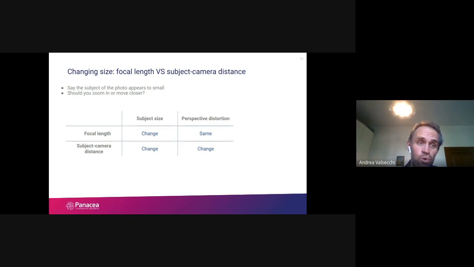But if you move and get very close, then you're going to introduce perspective distortion. That's not an issue per se. If you like a nice portrait of your spouse, for instance, you should stay far and use the focal length adjustment, so use the zoom. But for what we are concerned with, superimposition, it's not a problem that a photo has perspective distortion, but it's important to understand why and how you get that effect.